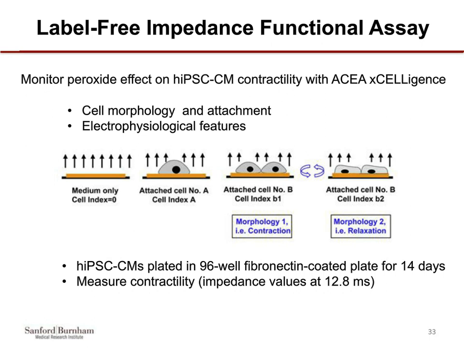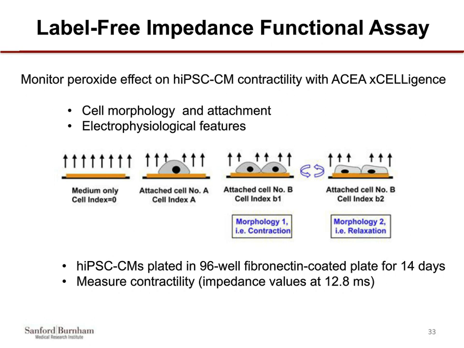So we use the Accelligence instrument, which is an impedance-based system for monitoring stem cell contractility. So it shows cell morphology as well as the electrophysiological features of the cells, and we can monitor the peroxide effect specifically on the stem cell beating rate and rhythm.